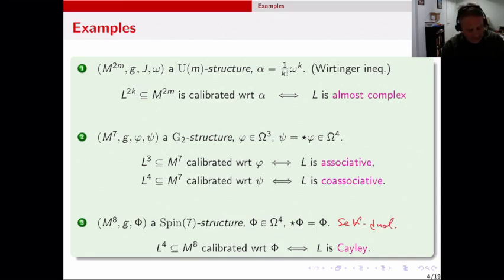In this case, the 4-dimensional oriented submanifolds which are calibrated with respect to phi are called the Cayley submanifolds. So I'm going to state a theorem talking about all 4 of these cases. I'll state it 4 times because in each case it'll be slightly different, even though it has the same flavor.